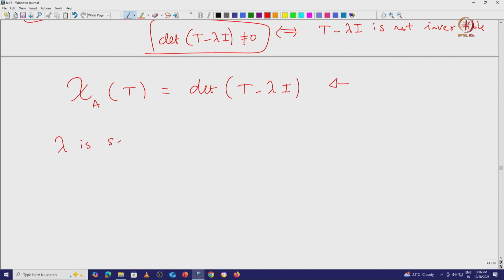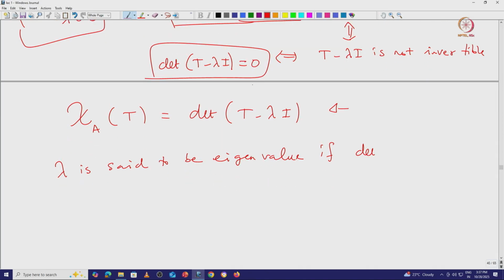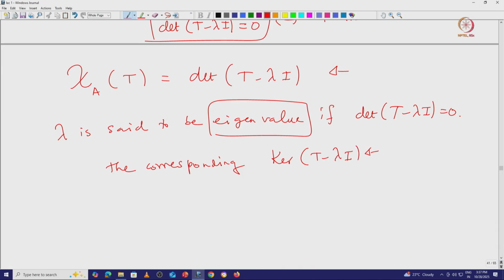Lambda is said to be an eigenvalue if the determinant of T minus lambda I is 0, and you call the corresponding kernel space, the kernel of T minus lambda I, the eigenspace.